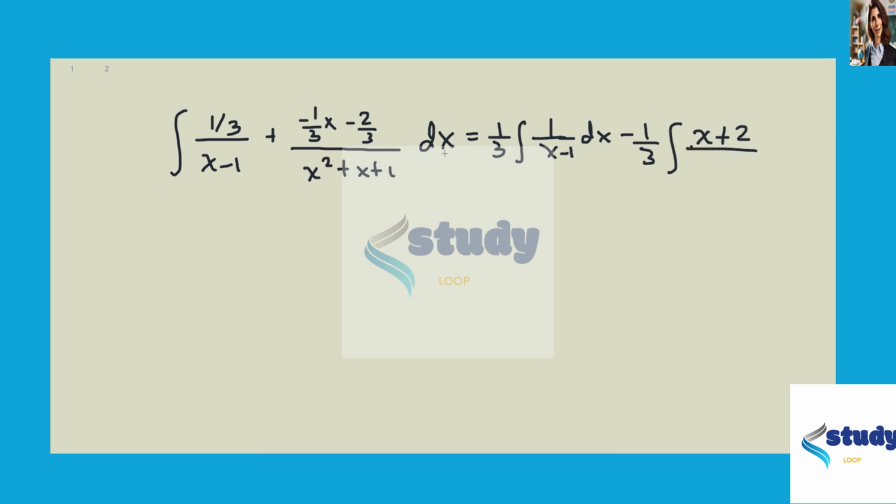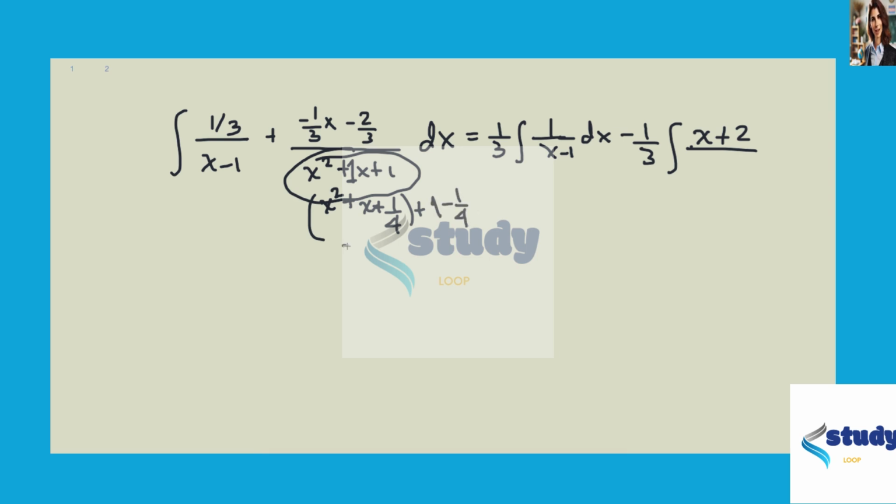And then for this denominator here, let's go ahead and complete the square. So that'll be x squared plus x, and then there's a 1 in front. Take half of that and then square it, and then make up for this by subtracting 1/4.